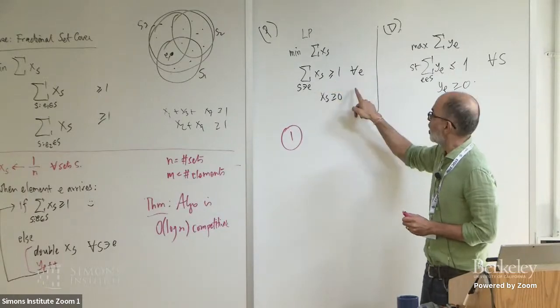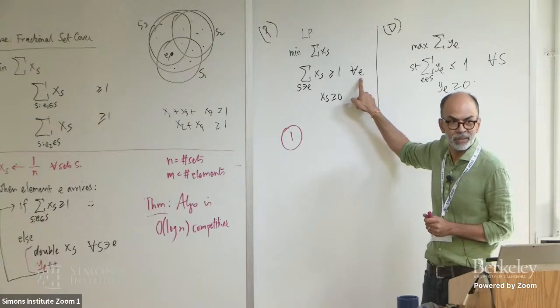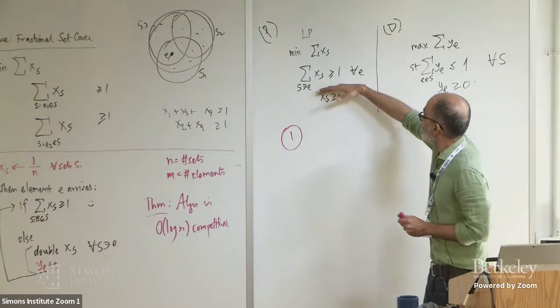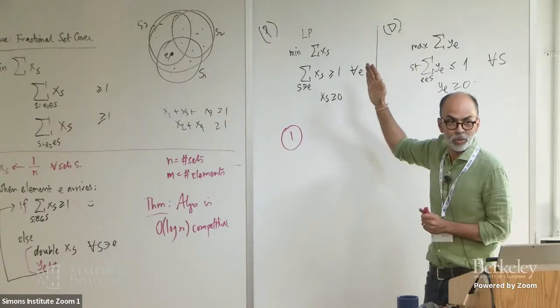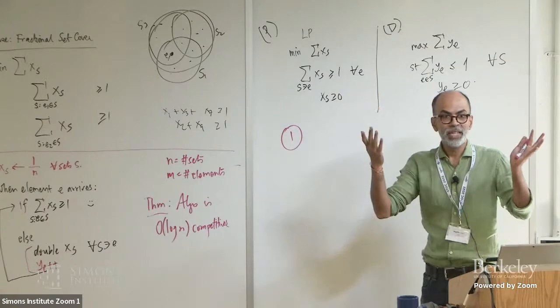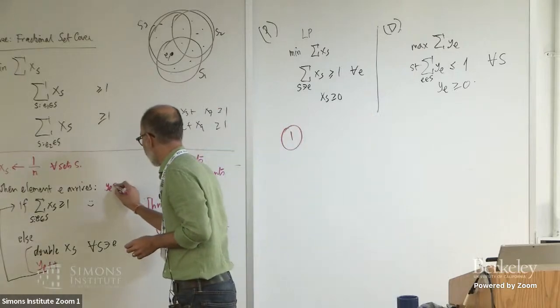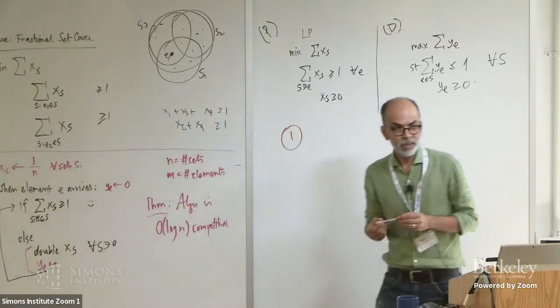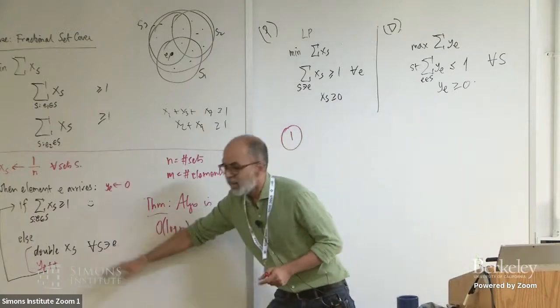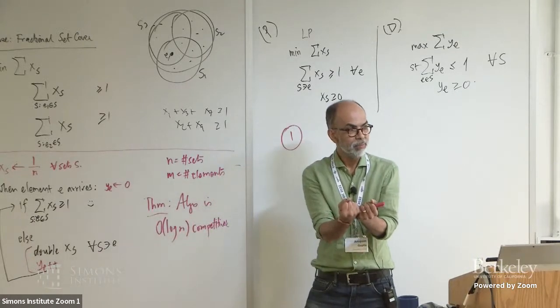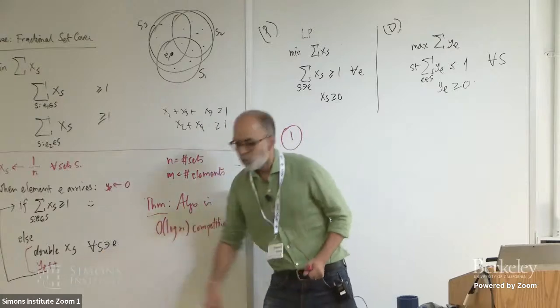Here, constraints correspond to elements. So when this constraint came, a new variable appeared in the dual. Its value was 0. When an element arrives, YE is set to 0. And now every time I doubled the primal variables, I increased the dual variable by 1.